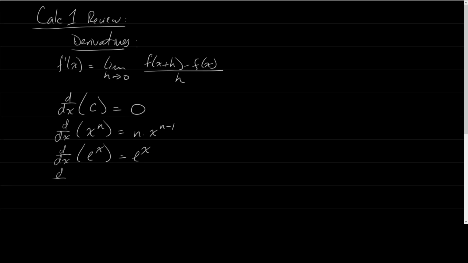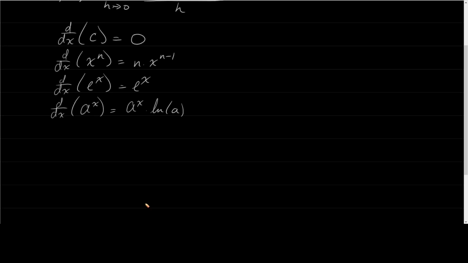The derivative with respect to x of a to the x is a to the x times ln of a. All right. Actually, before sine, let's do ln of x. That would be 1 over x.